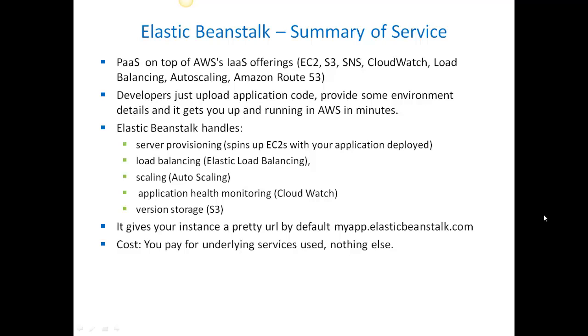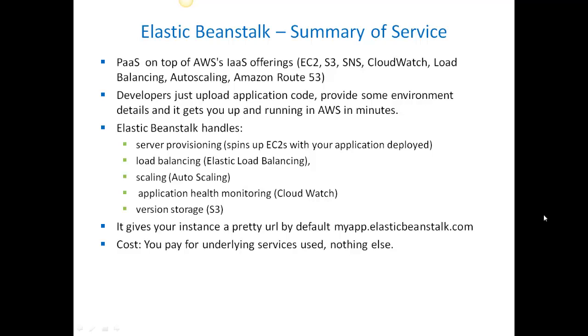A developer uploads application code, provides some environment details, and within minutes, Elastic Beanstalk will handle server provisioning, load balancing, scaling, application health monitoring, and it also helps manage some of the versioning.